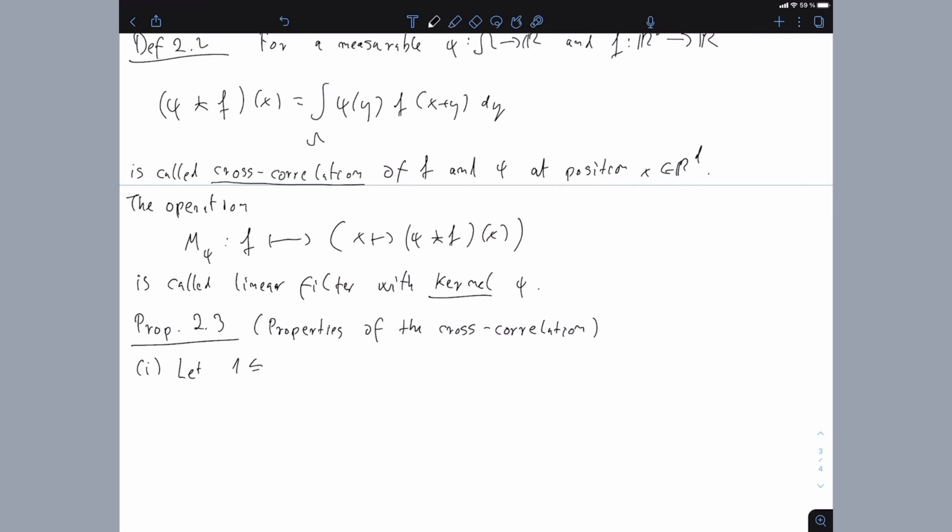So we're taking numbers p, q, and r, all between 1 and infinity. And they have to fulfill a certain relation, namely that 1 over r plus 1 is the same as 1 over p plus 1 over q.